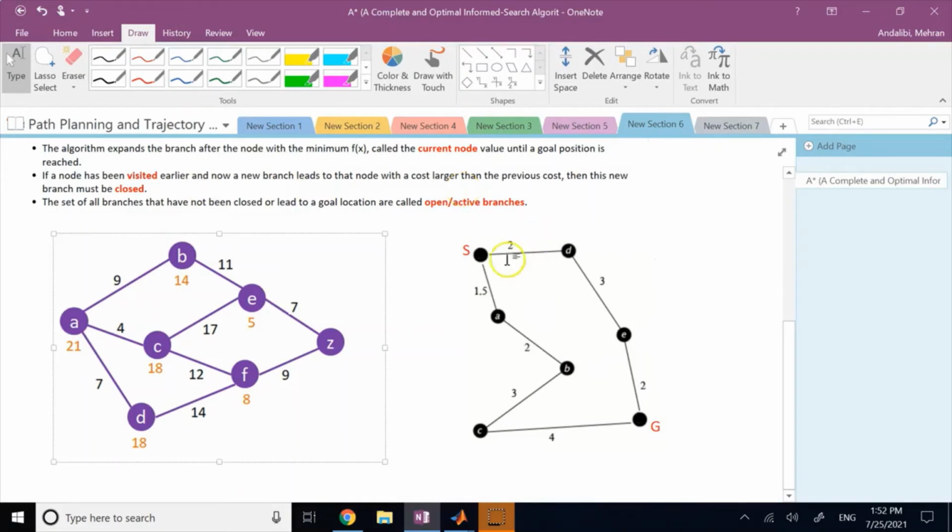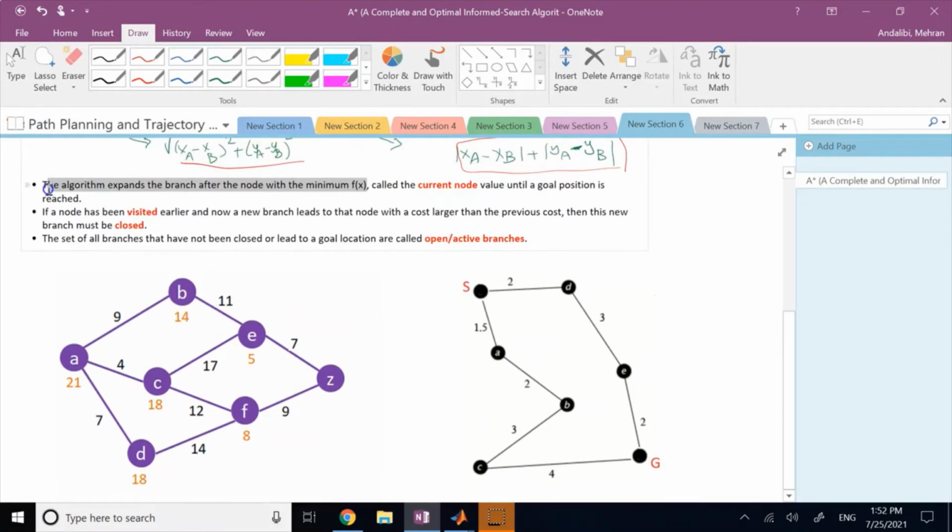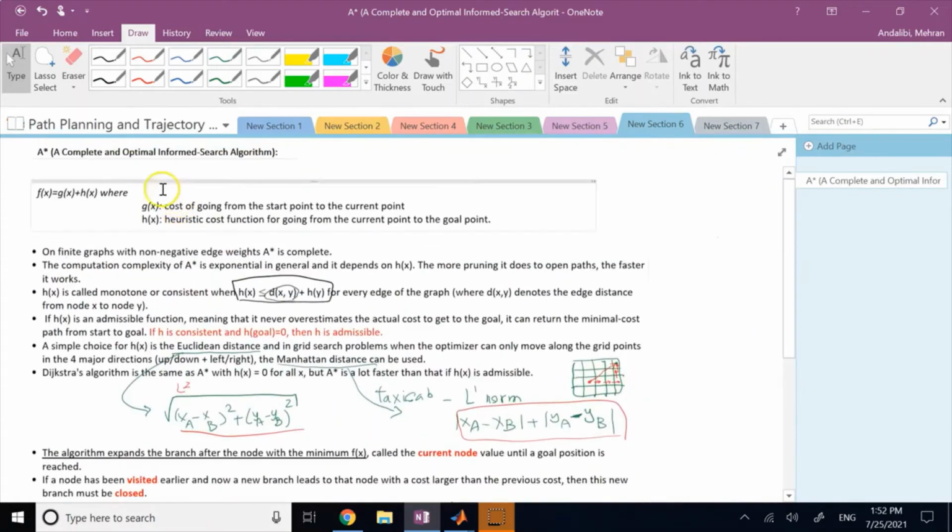The major goal of this algorithm is this: find a node and expand the branch under a node which has the minimum cost function, minimum f. If you see a branch with a node that is giving you a minimal f value, that's your promising node and branch. Go ahead and explore that first before exploring everything else.